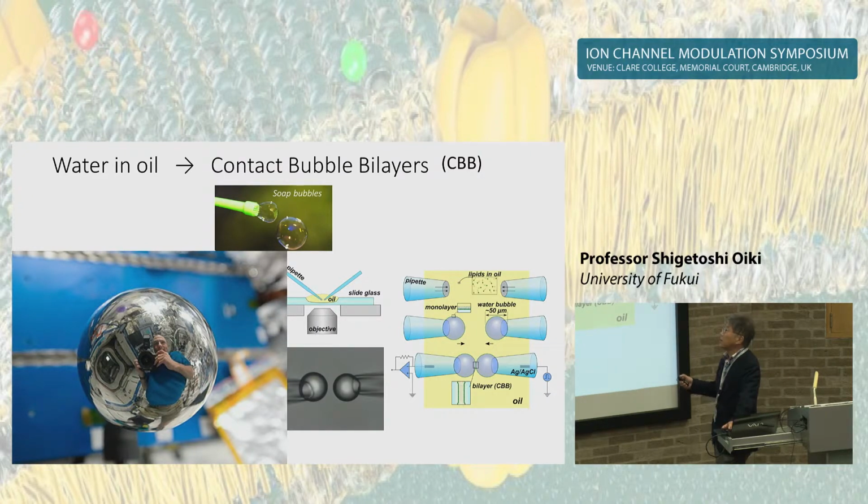We can make a soap bubble by blowing air. You can also make a water bubble by just blowing water, but this is only possible in a space lab. But you can do the same experiment in this environment.